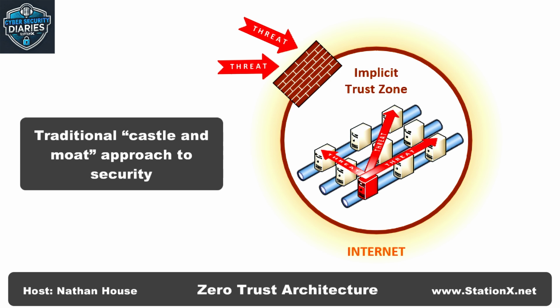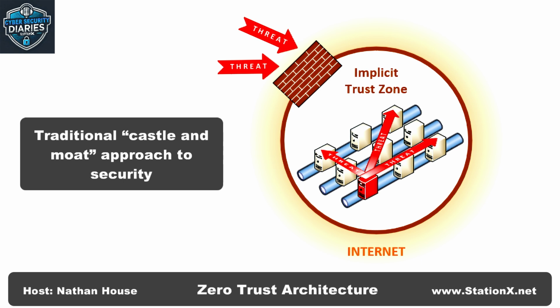But here's the issue: that perimeter doesn't exist the way it used to. Today, we have remote workers, cloud services, personal devices accessing company data, and networks that stretch across the globe. In this environment, the traditional security model falls apart.